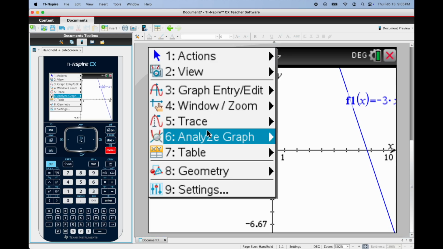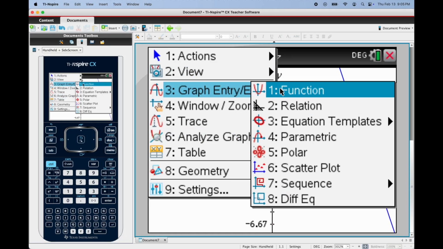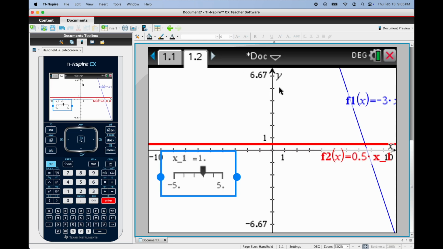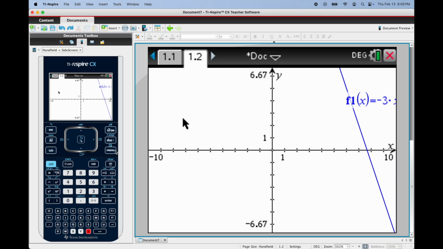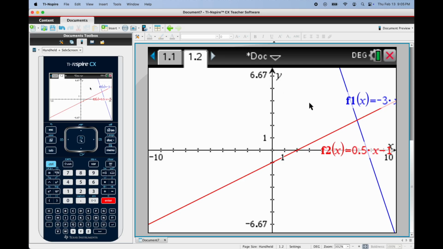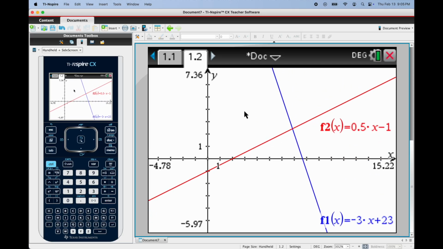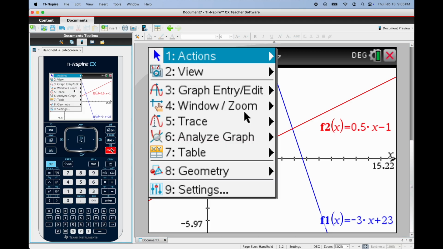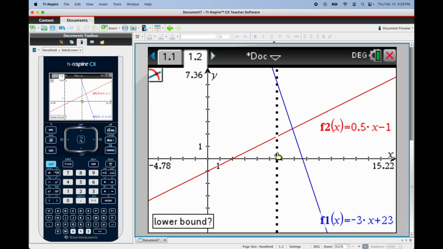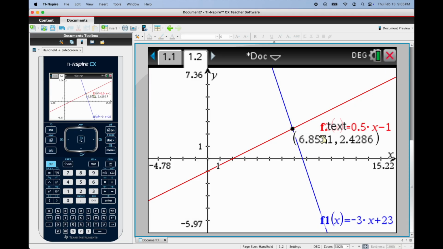And then let's graph the other one as well, 0.5x minus 1. Okay. And then here we can find our intersection point. So menu, analyze graph, intersection. Let's highlight that area, and there it is. If we're going to need 4 sig figs, let's just graph it. It's going to be easier.